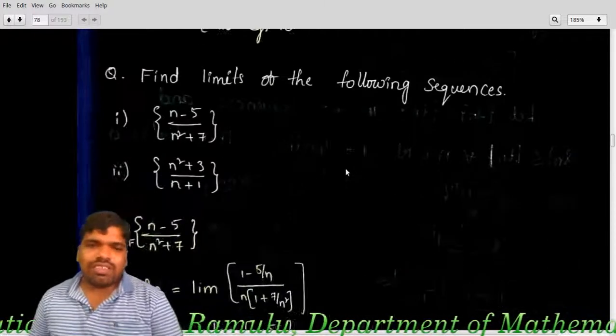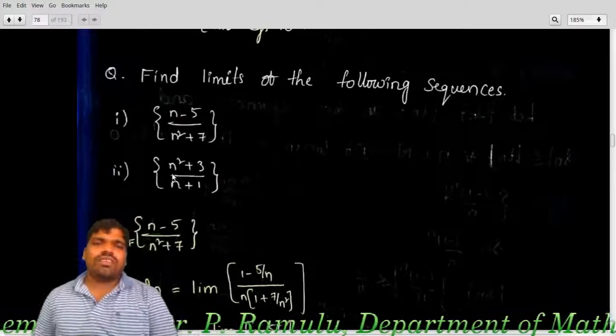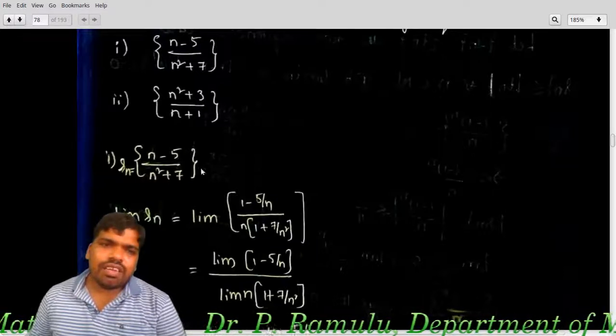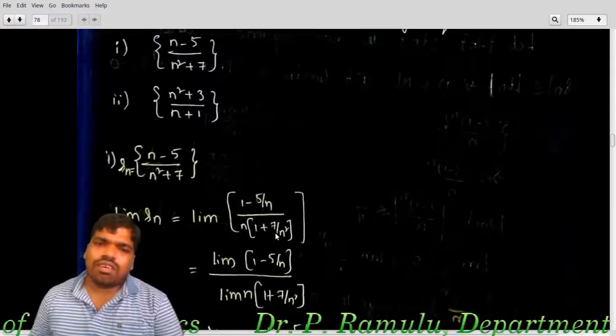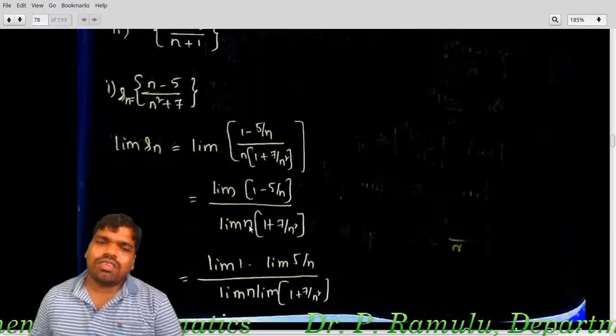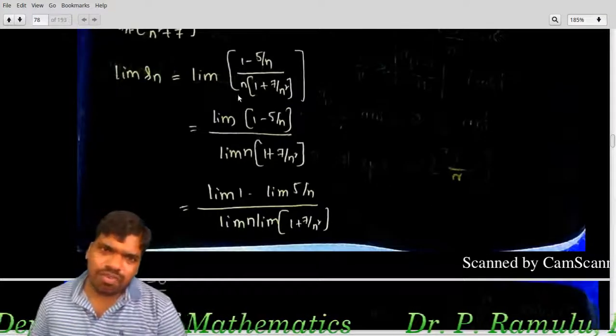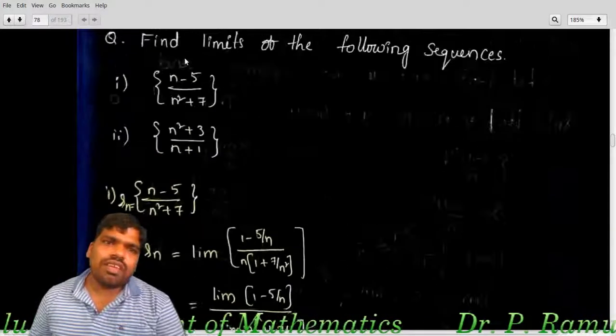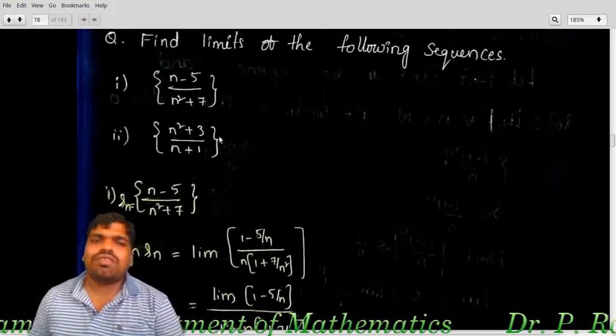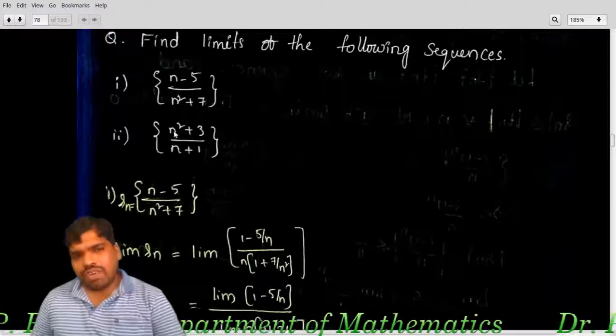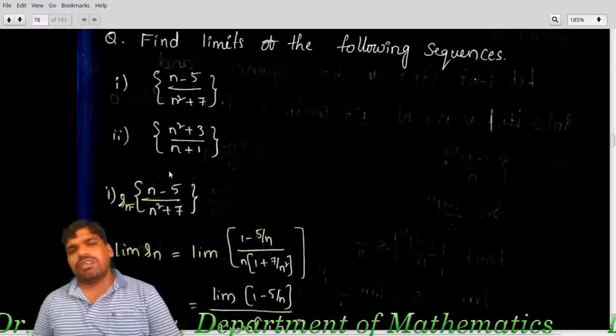Find the limits of the following sequences. Just simply apply the limit here. If we take n common out, in the numerator we have n times, this will be infinite, and that equals compulsorily 0 only, because the power is higher. Here the power is higher. If I apply the limit here, this will be infinite. Because the power of n square in the denominator is greater than the numerator, that will be 0.